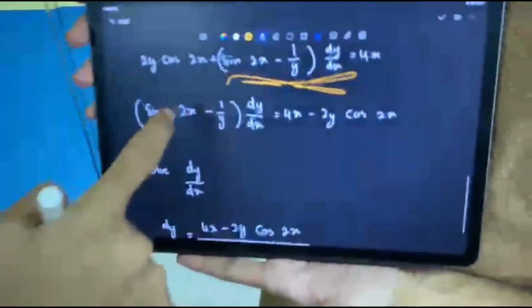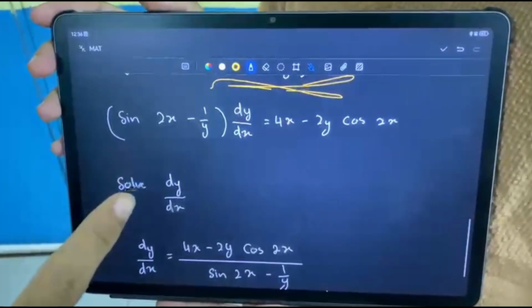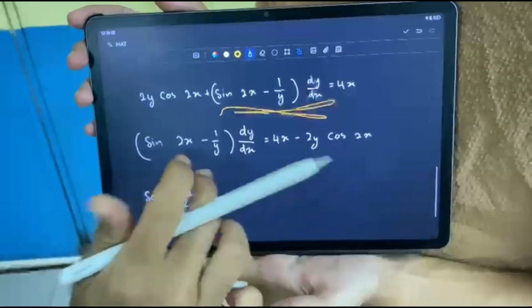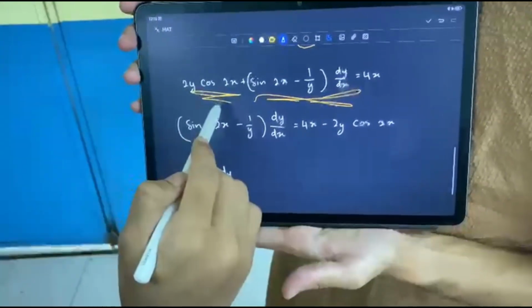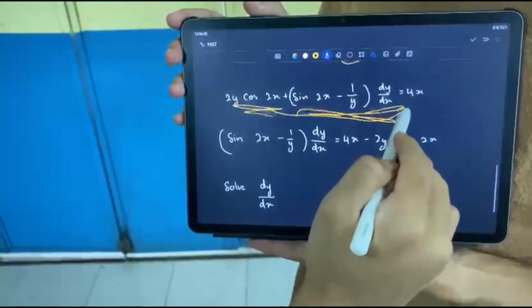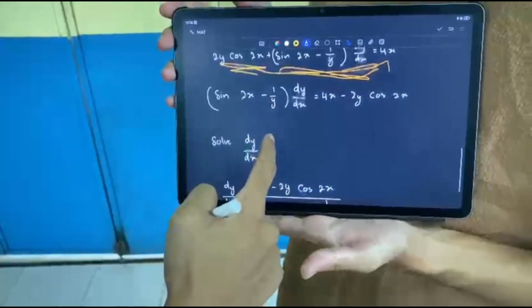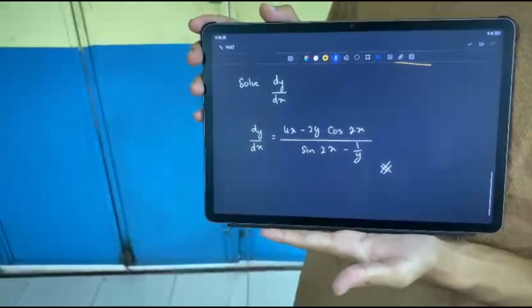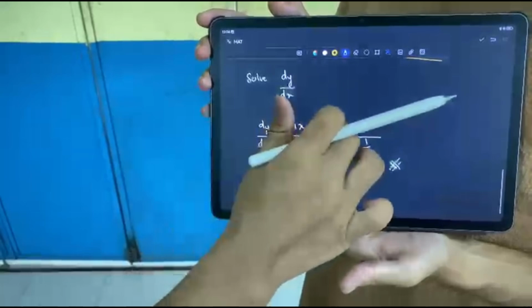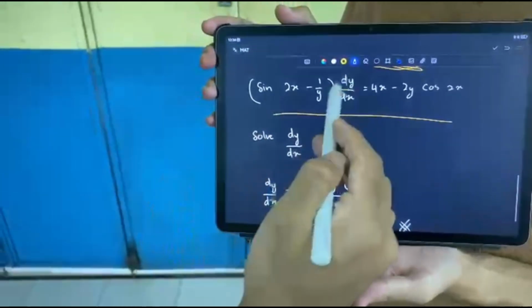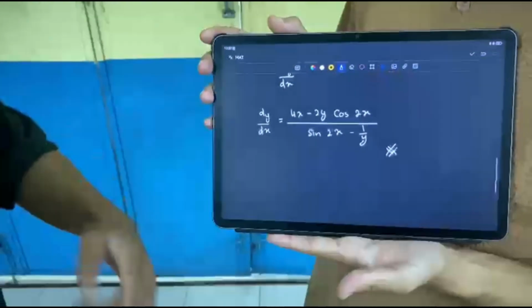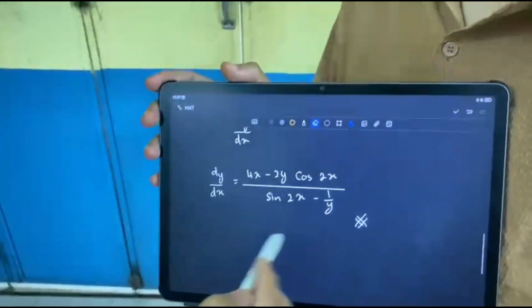So we get sin 2x minus 1 over y times dy over dx, and we need to move the other terms into the right side, so we get this one. So lastly, we need to solve for dy over dx, which is we divide on the right side by this one. This is the final answer.